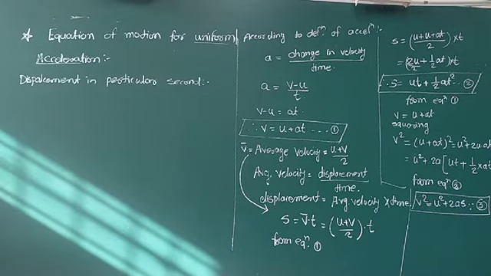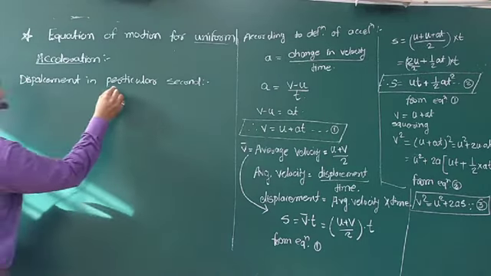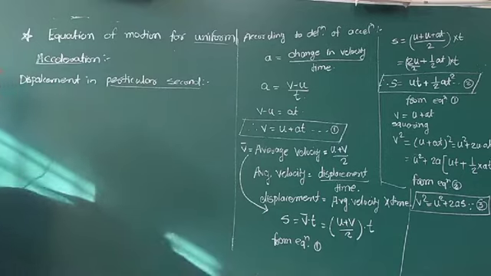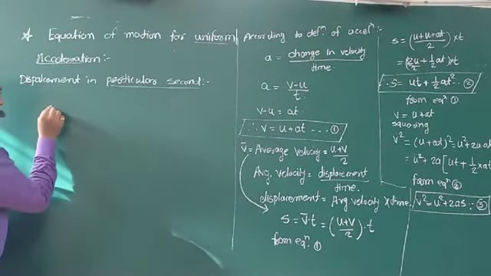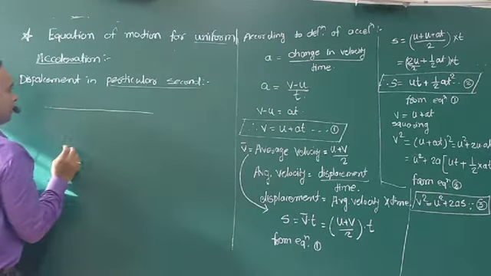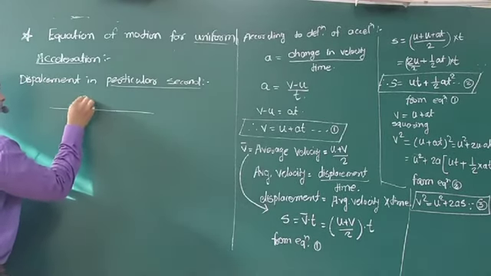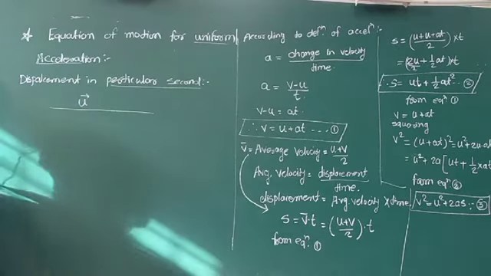Now the next point from this equation, that is displacement in a particular second. Now see here, a particle is moving in a straight line with initial velocity u.